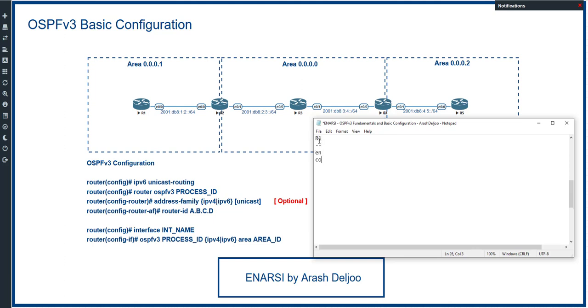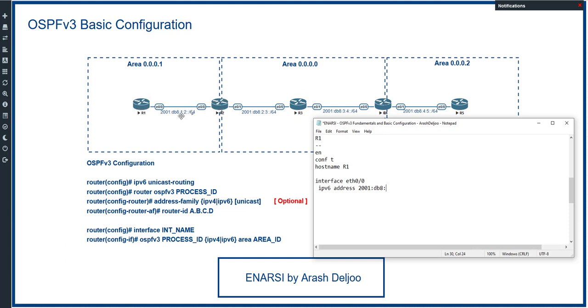Here we have this configuration: enable, conf t, and then the hostname, which is R1. After that, interface Eth0/0. The IPv6 address of this interface is 2001:db8. As you can see, we are using this syntax 2001:db8, then the router number of the left router and the router number of the right router.